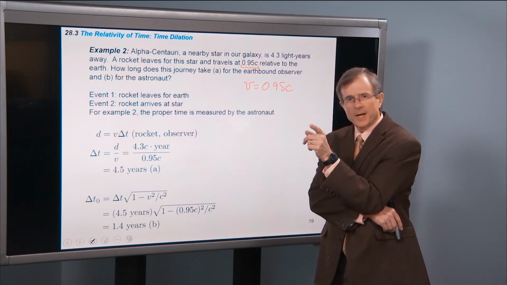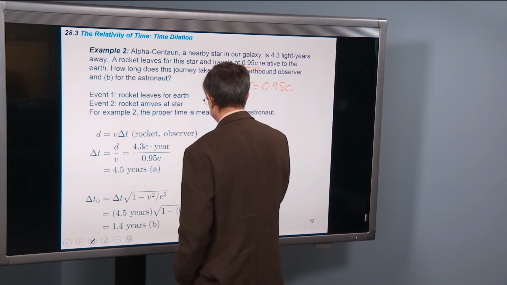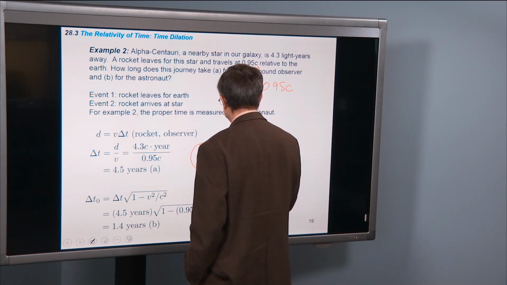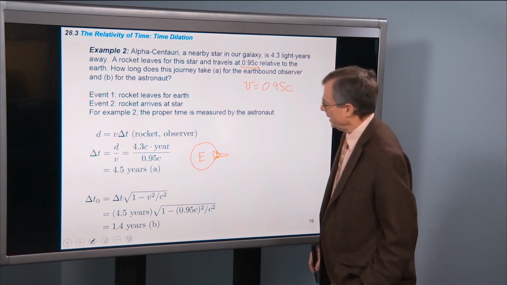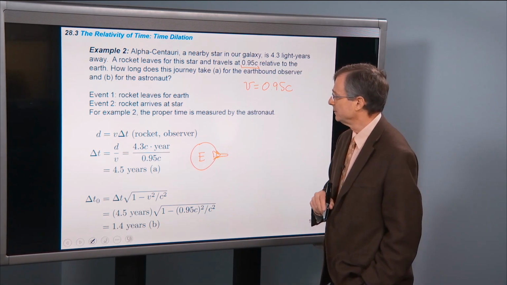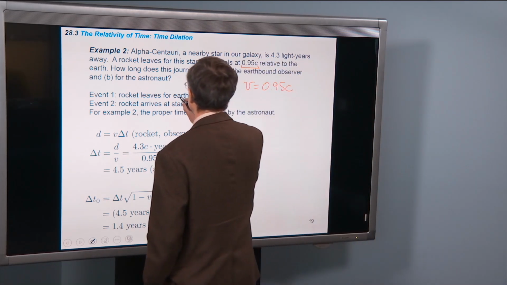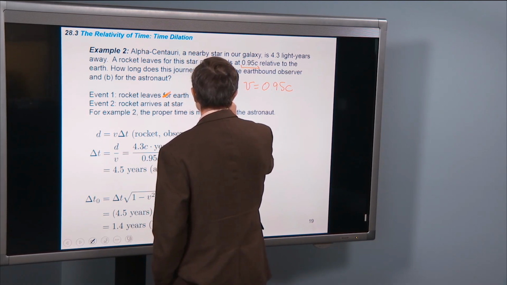So let's define the events here. Here's Earth. And here's the rocket. Okay? And event 1 is that the rocket leaves Earth, bound for the star.